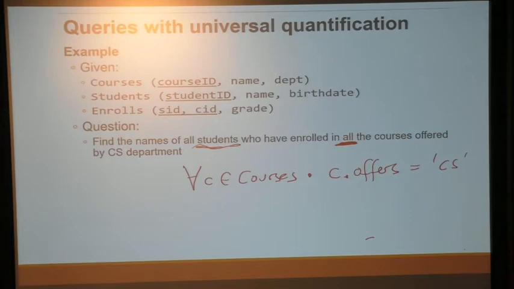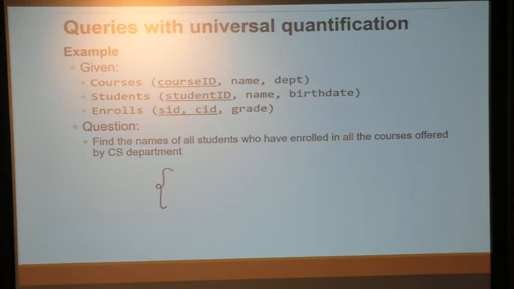Or if you really want to have the set comprehension, you can figure out what the sets are. I want all the courses C such that C is in, I believe there is a table called offers, and C dot, I forgot whether there's a DID. If there's a department ID, this must be equal to CS.